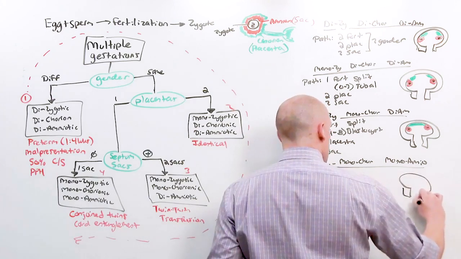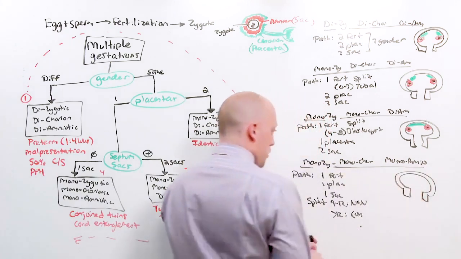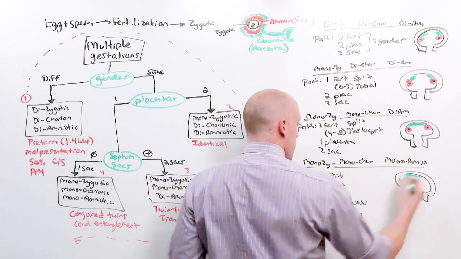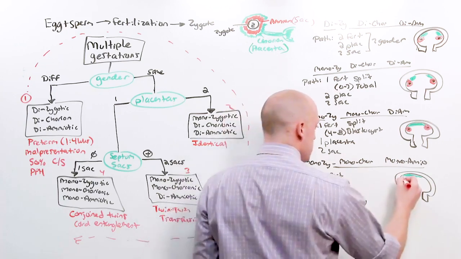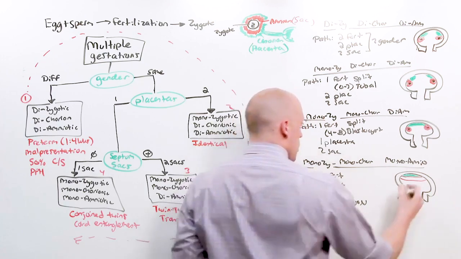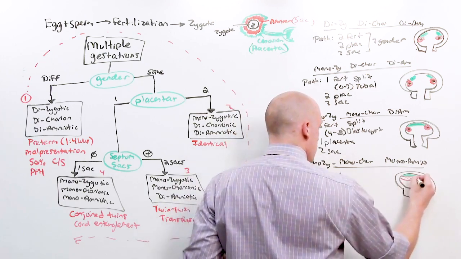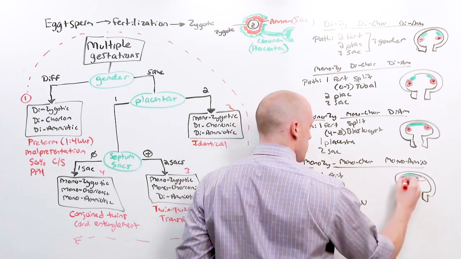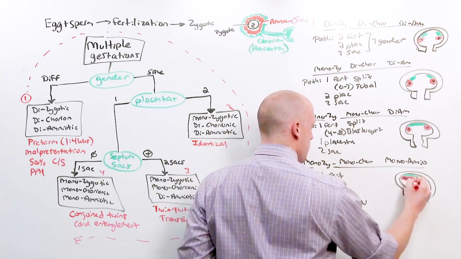In the non-conjoined form, there's going to be a common placenta, just as we drew above, and there's going to be a common sac, with the embryos growing inside the sac, surrounded by a common amniotic fluid.